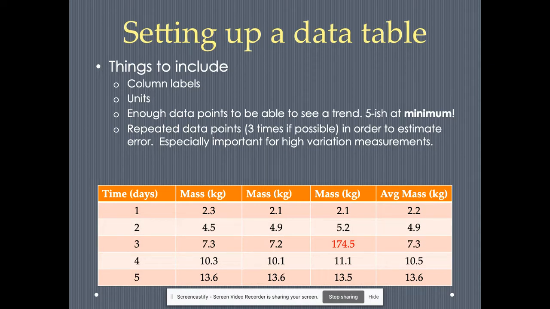We basically do three different trials of something, and that helps us feel like we can estimate possible errors in a better fashion. In here, you'll see we have a number of different pieces of data, and there's enough data that we can eventually graph this and see some type of trend.